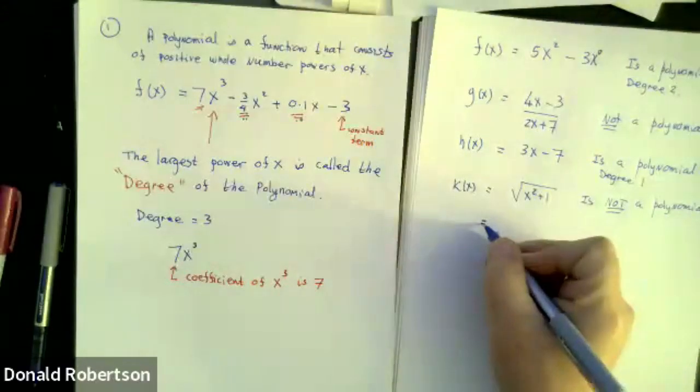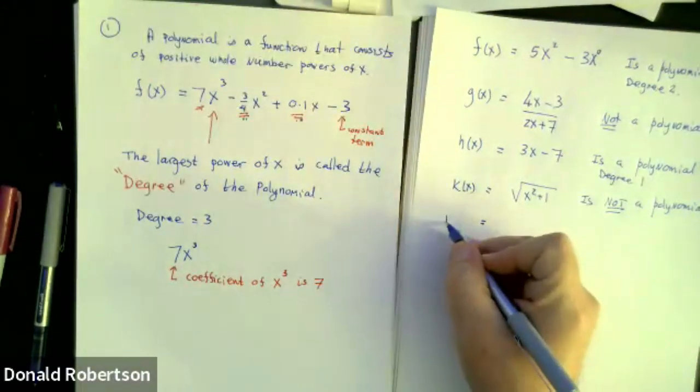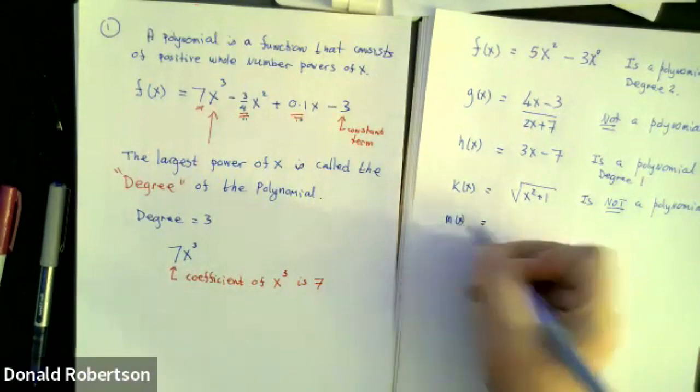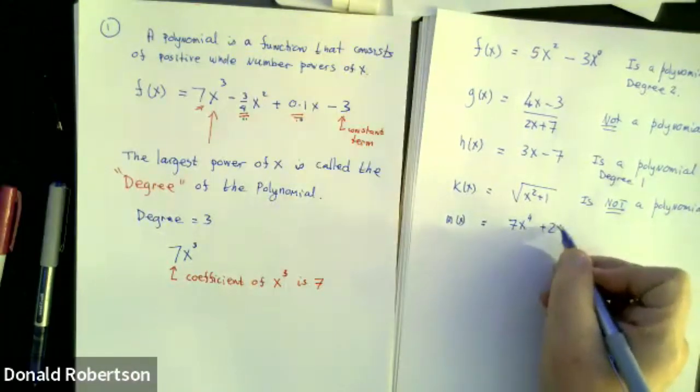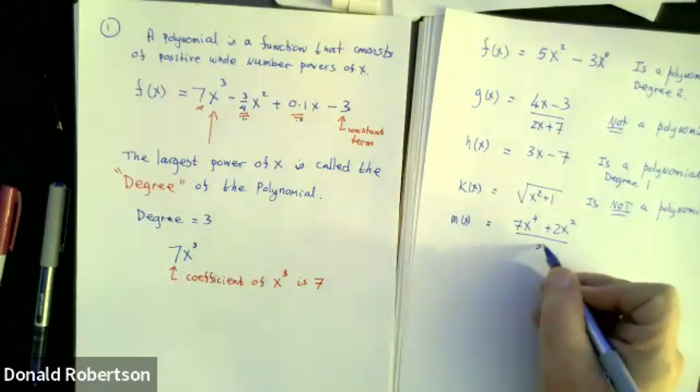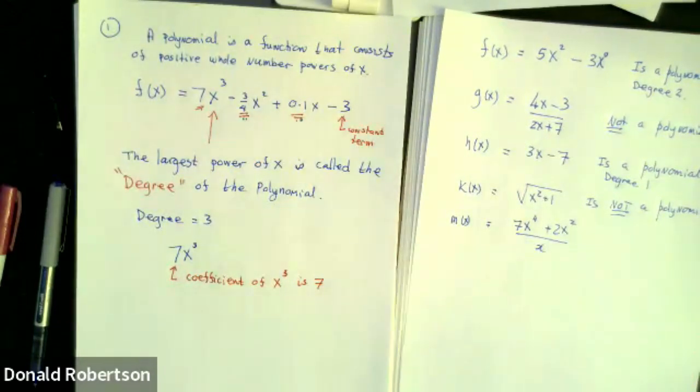Continuing along this theme, sometimes you can be caught out. That is a polynomial. And you might say, but it's a rational function.